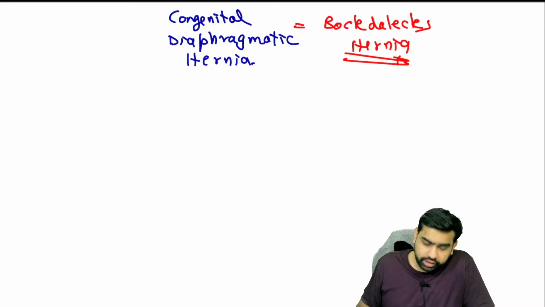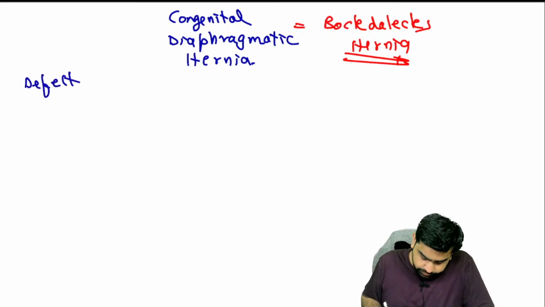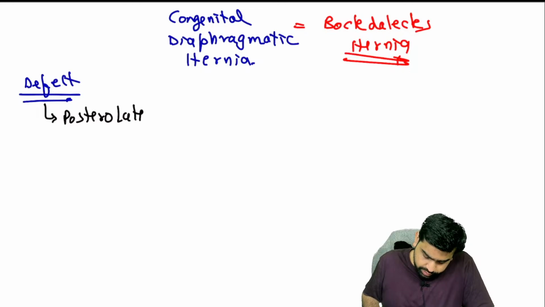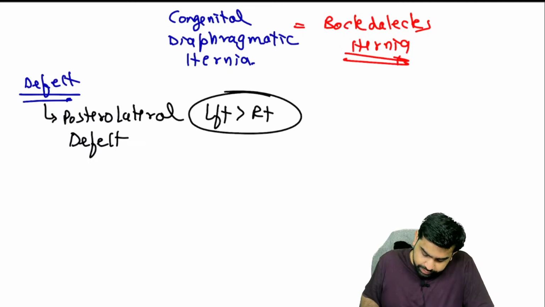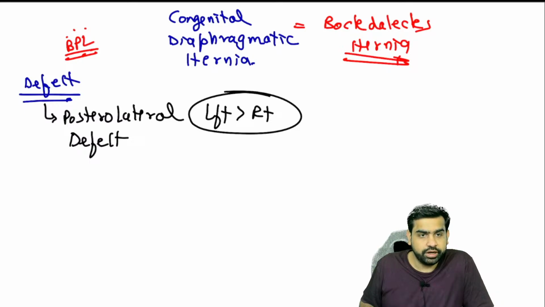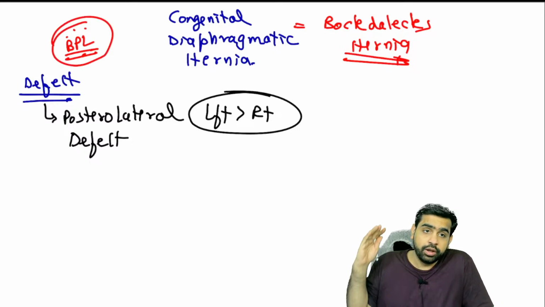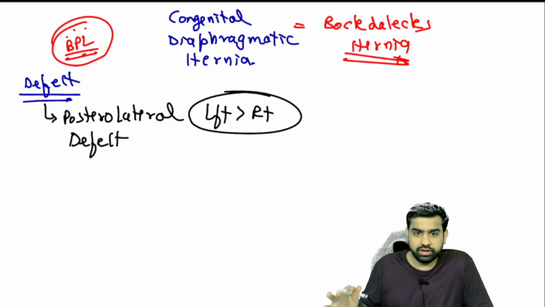What is this Bochdalek hernia? It is present because of a defect in the posterolateral part of the diaphragm, which is more on the left side as compared to the right. The mnemonic you can remember is BPL: Bochdalek hernia, posterolateral defect, more on the left side.